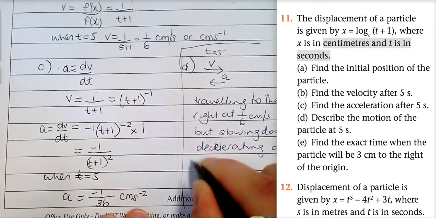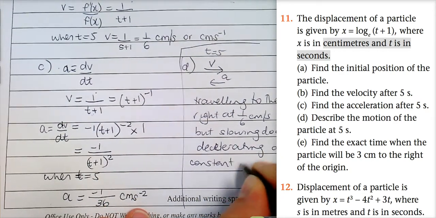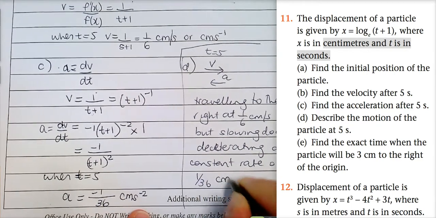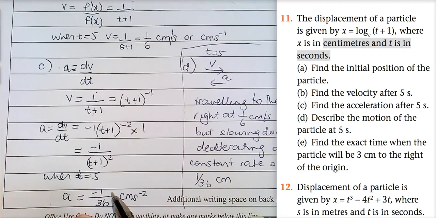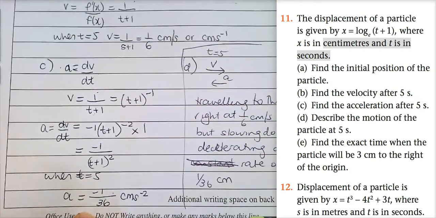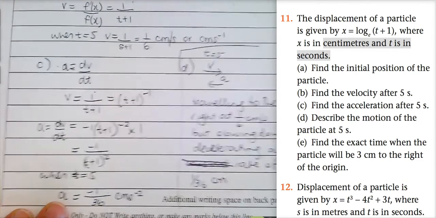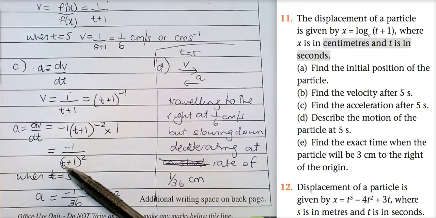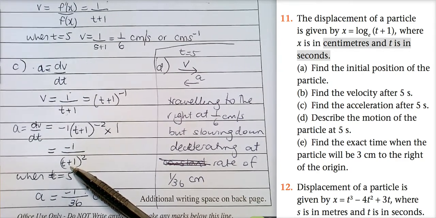Decelerating at a constant rate of 1/30, because there's no t next to it. Oh no, it's not constant. Get rid of that. It's not a constant rate because there's still a t in the equation. Definitely not a constant rate.